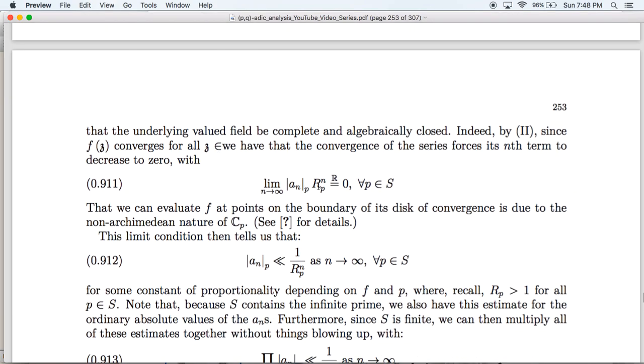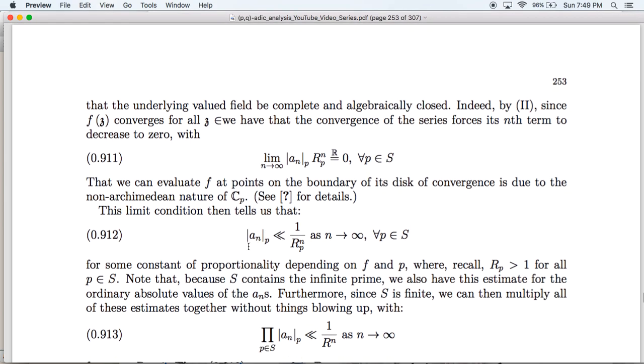When you're working over the reals instead of the p-adics, technically big R_p has to be any real number strictly less than R_p. However, in the non-Archimedean world, a power series either converges at every point on the boundary of its disk of convergence, or it fails to converge at every point. In particular, if it converges on the boundary of its disk, then this occurs.